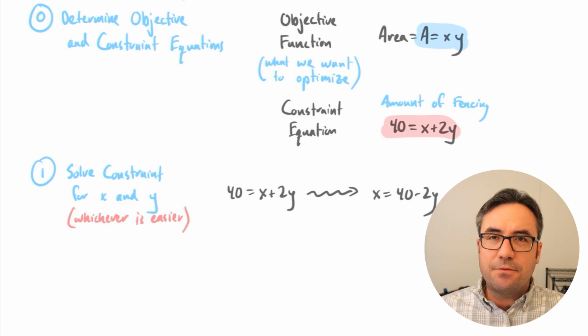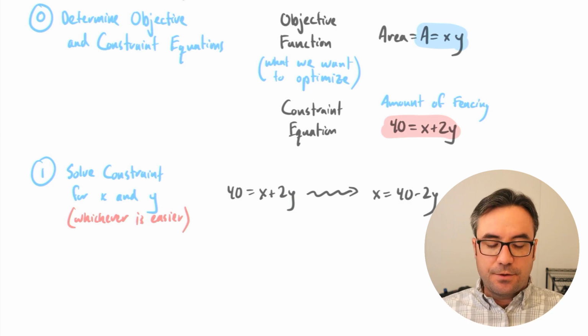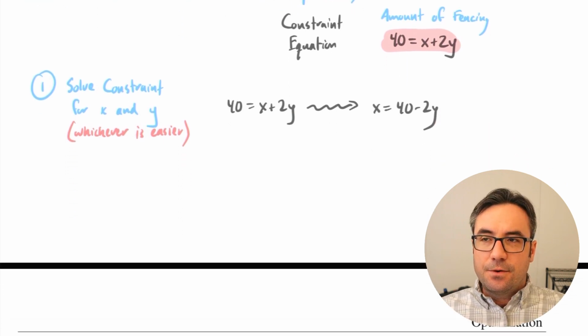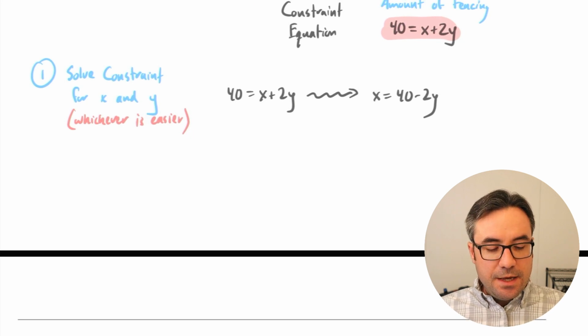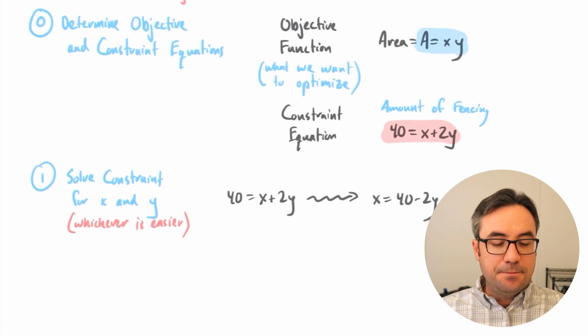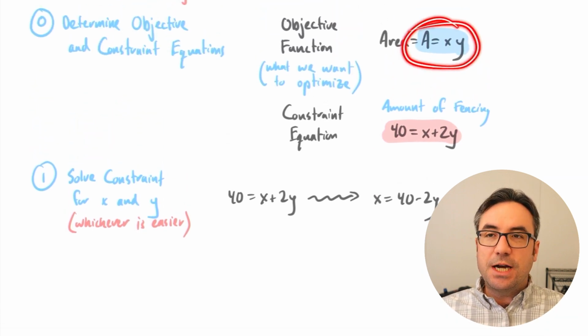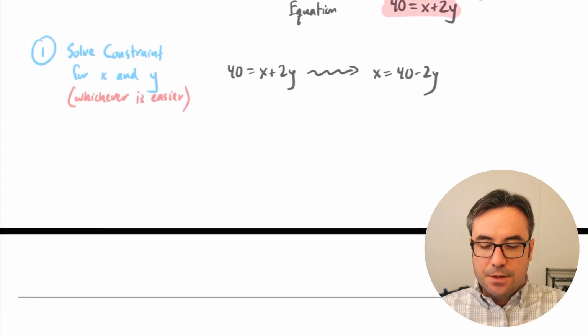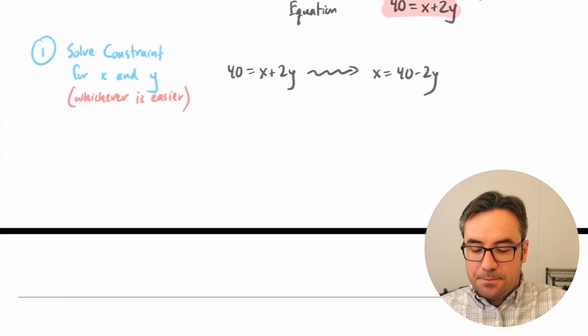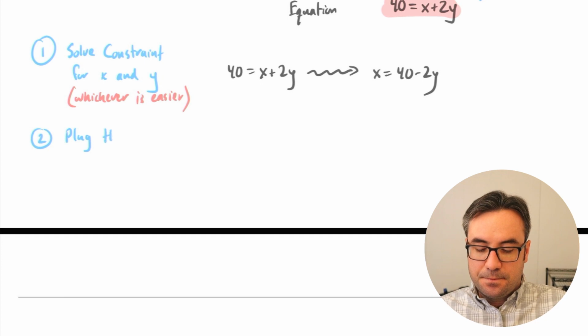All right, so once we have solved our constraint equation for either x or y, then what we can do is take this result and plug it into our objective function.